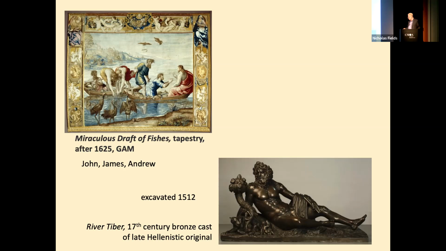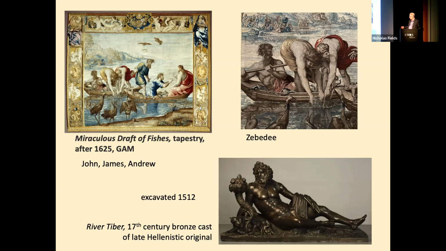And so he would have known about this ancient statue, an allegory or personification of the river Tiber that runs through Rome. And it influenced this figure, the father of John and James, in the boat on the left-hand side of the tapestry. The excavation of this work, the date of it was 1512, just a few years before Raphael began work on the tapestries.